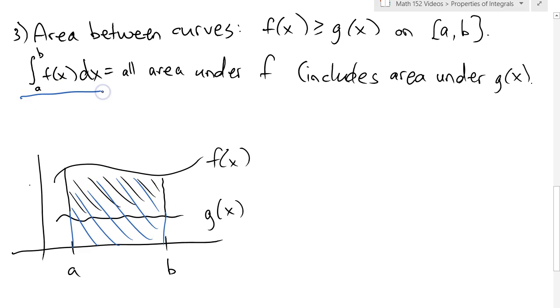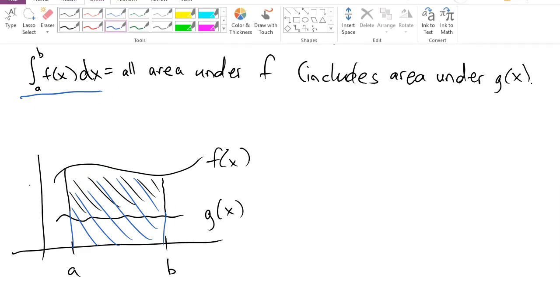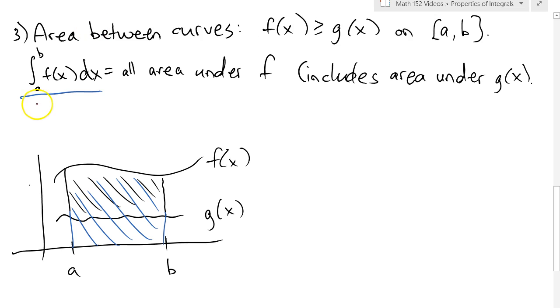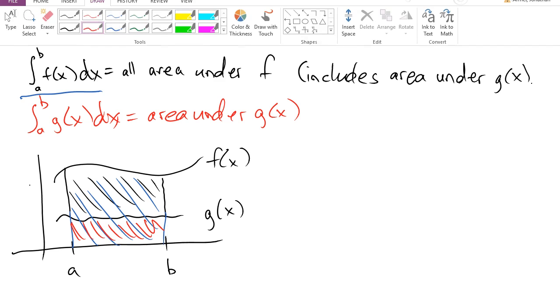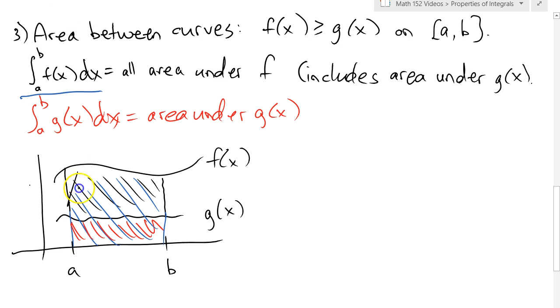That's the integral of f of x. Okay? Now if I integrate g of x, that's just the area under g. So that's just going to be this part. Okay? And the area I want is the black area. That's what's left, right? That's this stuff in here. That's the area I wanted. I said I wanted the area between f and g.